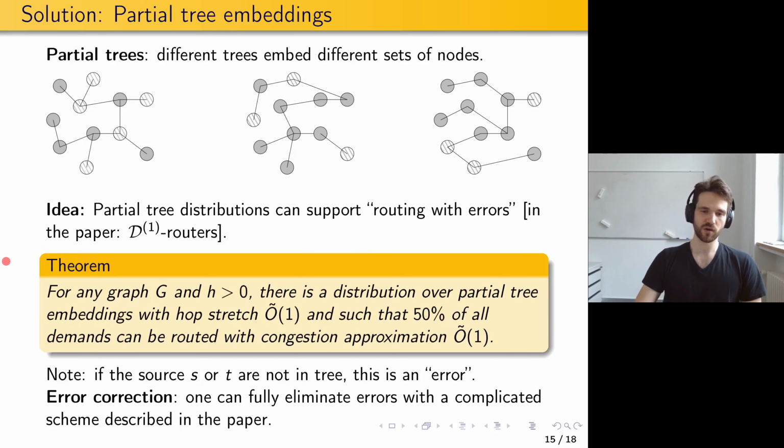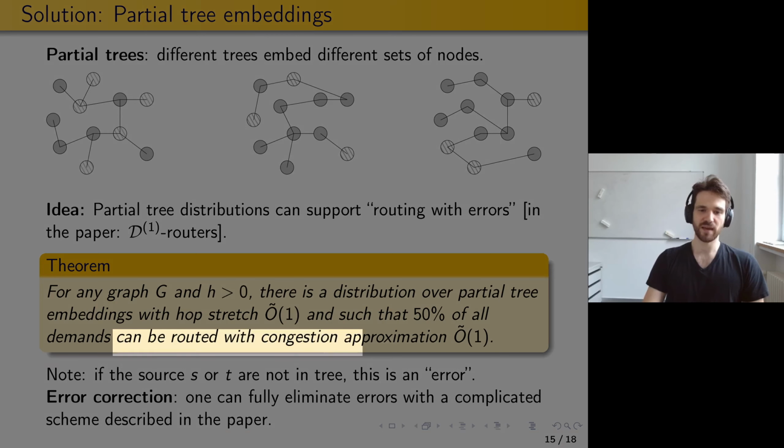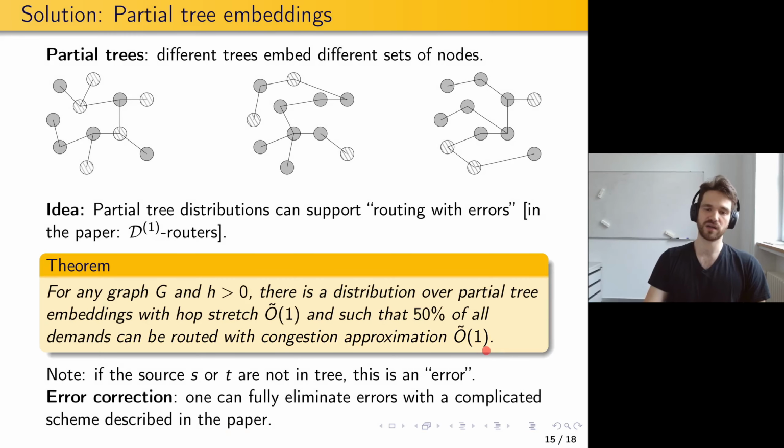For any graph G and any hop constraint H, there is a single distribution of partial tree embeddings with hop stretch polylog, such that for any demand, you drop 50% of it, and the part that you do not drop can be routed with polylog congestion approximation. To say it one more time: for any demand, there is a single routing that supports half of it.